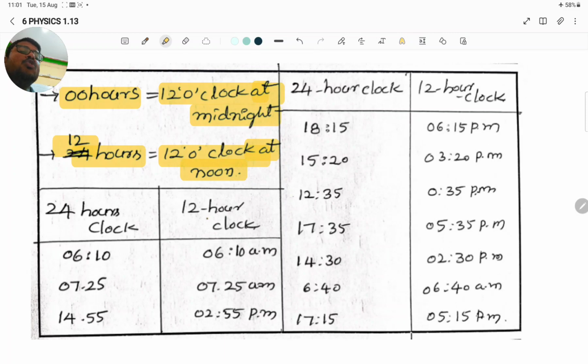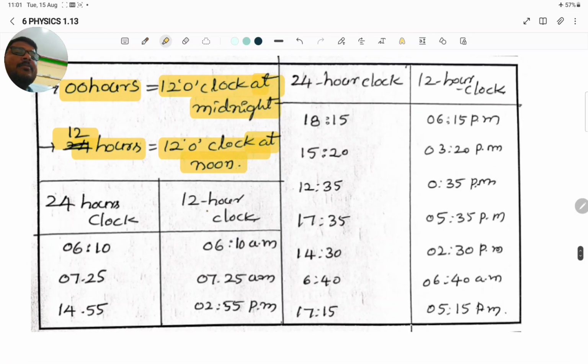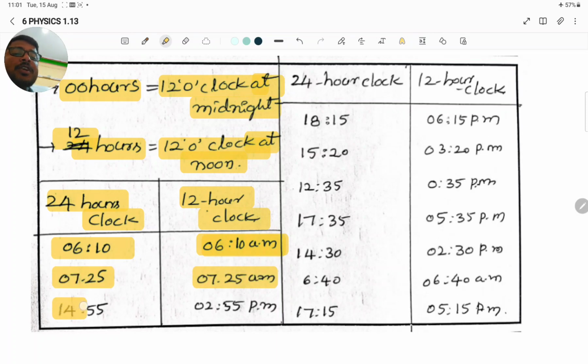There is a table of the 24 hours clock and 12 hours clock conversions. According to the 24 hour clock, 16 hours is, according to the 12 hour clock, 4 PM. 7:25 is 7:25 AM. 14:55 is 2:55 PM.